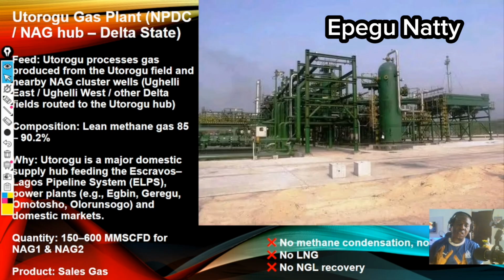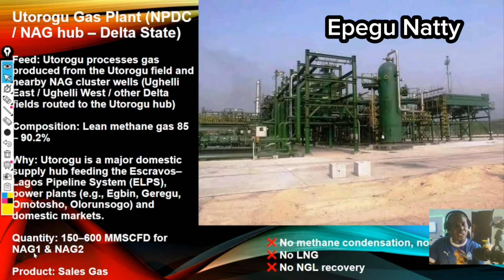It takes the lean gas, removes all the impurities, water, CO2, hydrogen sulfide, and then compresses it and sends it out through pipeline to power plants, compression stations, and other commercial facilities.